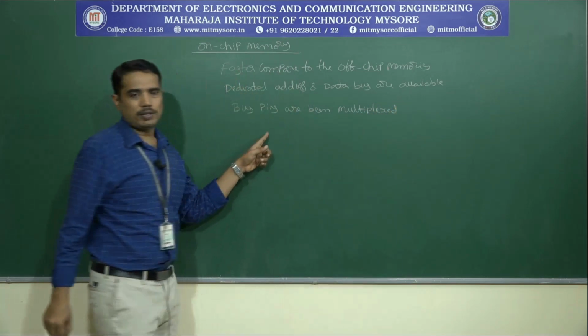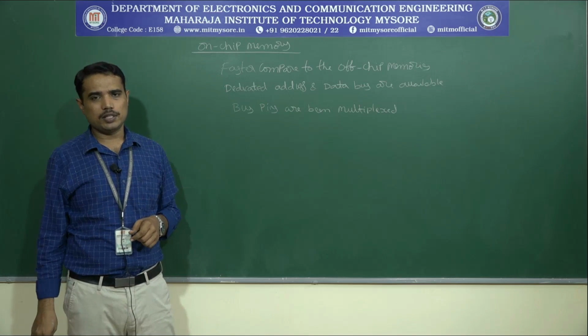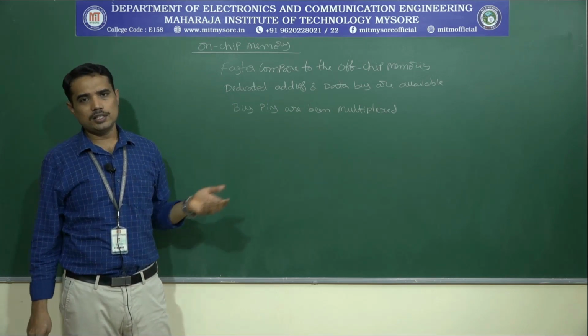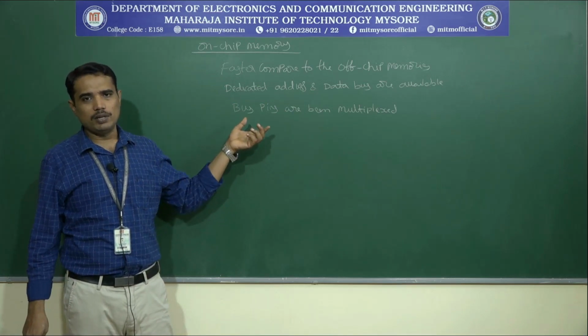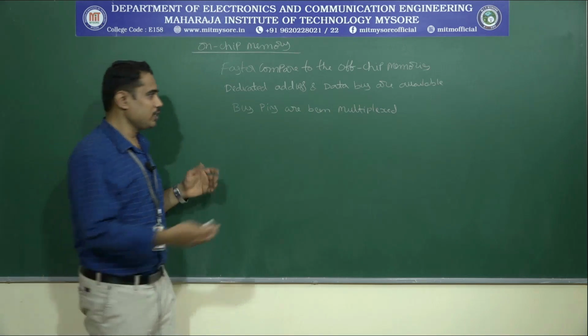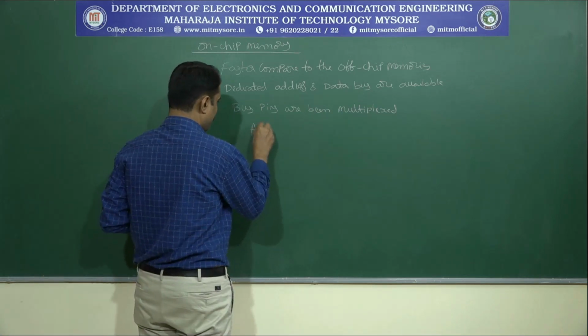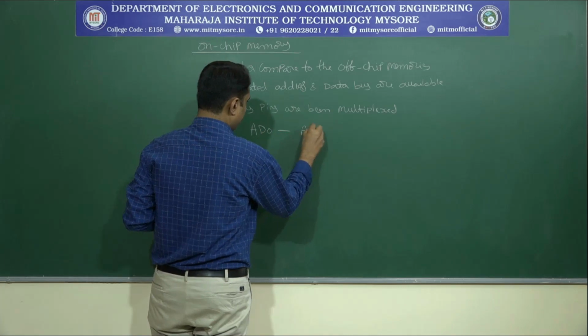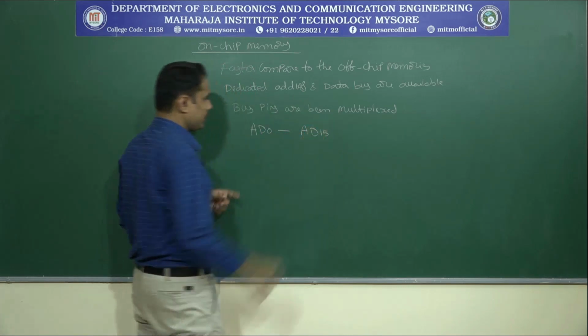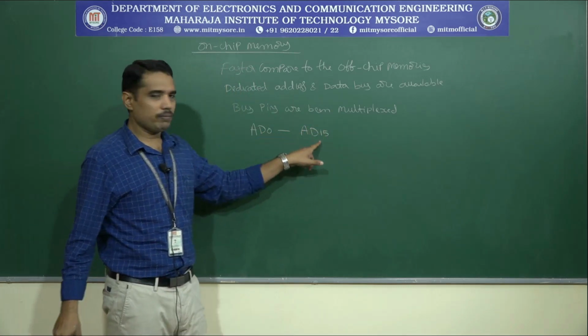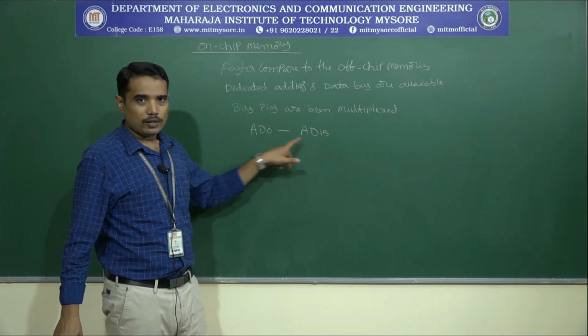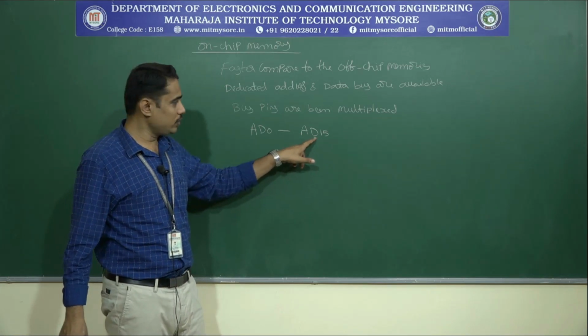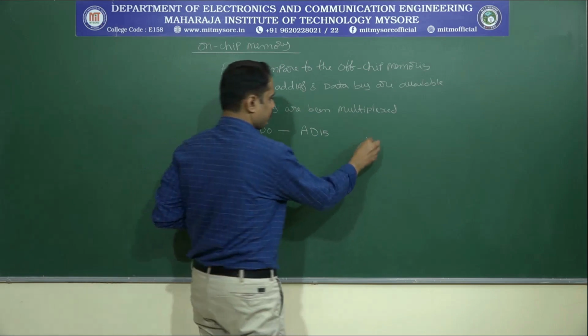What is the reason for multiplexing the bus pins in case of off-chip memory? The reason is to minimize the area. For example, consider AD0 to AD15, that is pin number 0 to pin number 15, a total of 16 pins.